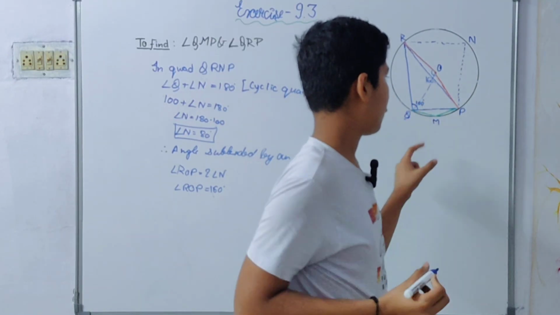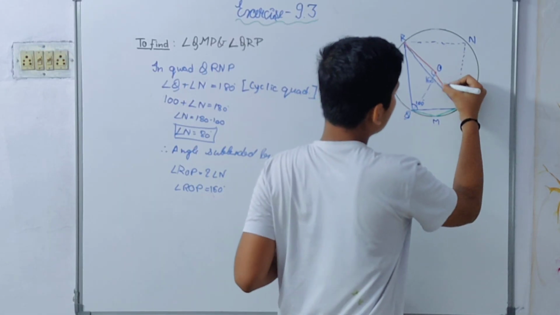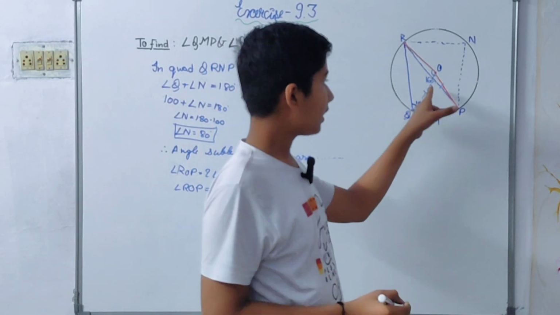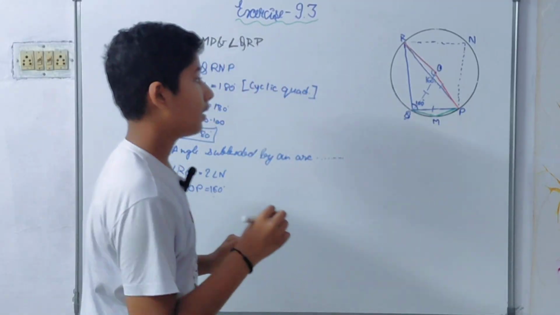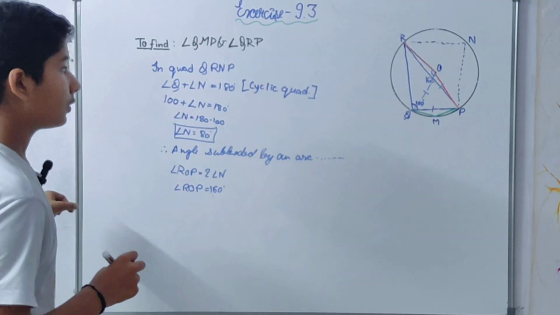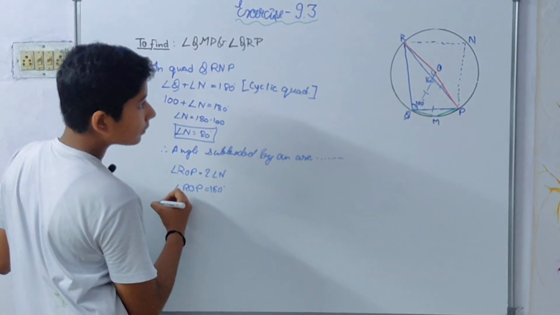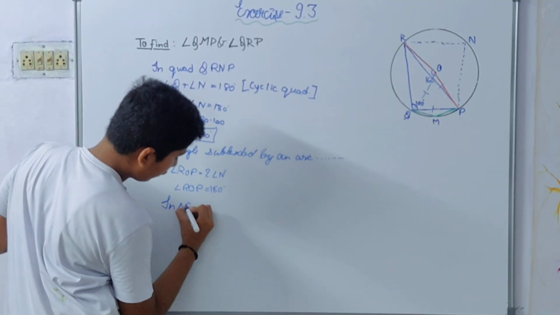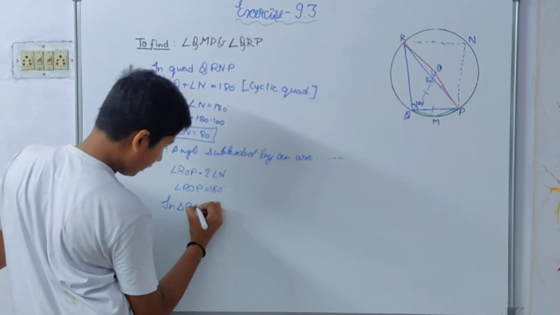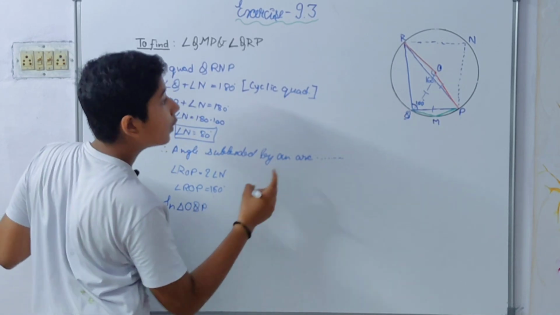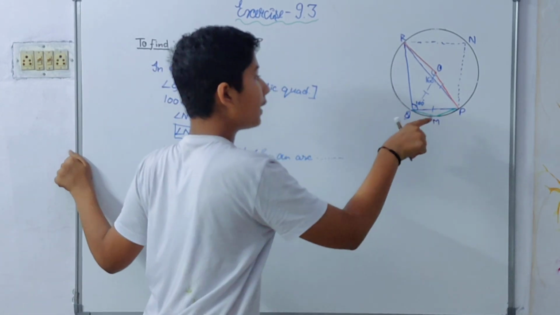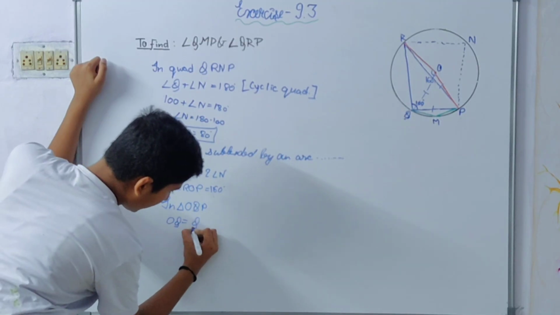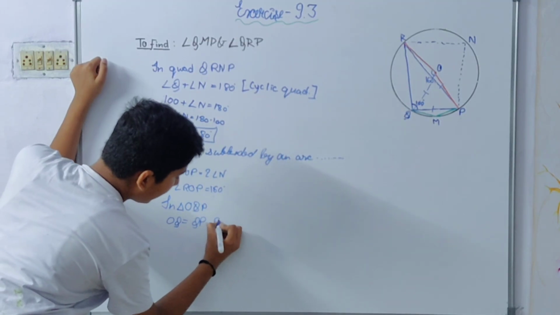Now over here, let me do one more thing. I have drawn a line from here, which means this will be equal to this, will be equal to this. Hence all the three sides are equal. This is equilateral. So in triangle OQP, OQ equal to QP equal to PO.